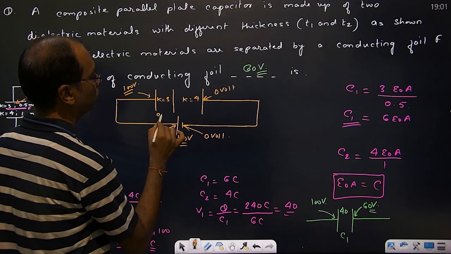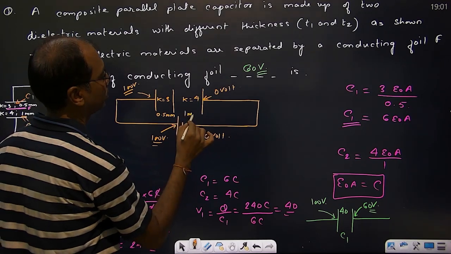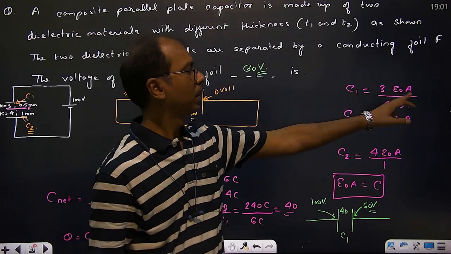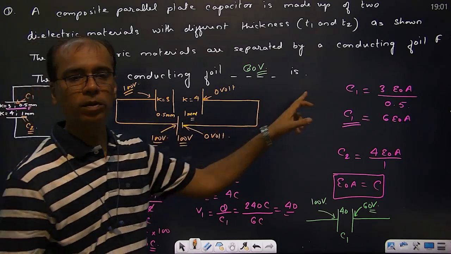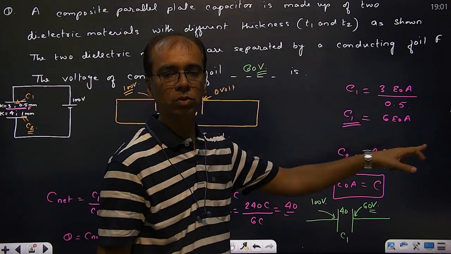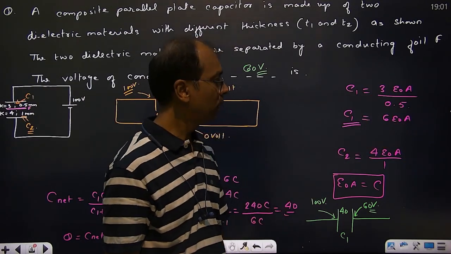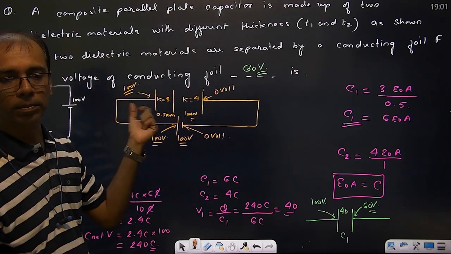This is 0.5 mm and this is 1 mm. So C1 is K epsilon naught A by D. 0.5 means 1 by 2, so 2 went up, becomes 6 epsilon naught A. C2 is 4 epsilon naught A by D, which is 1 mm.